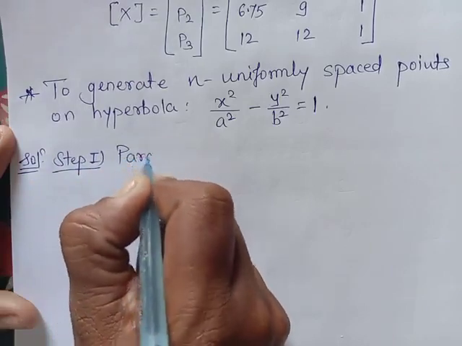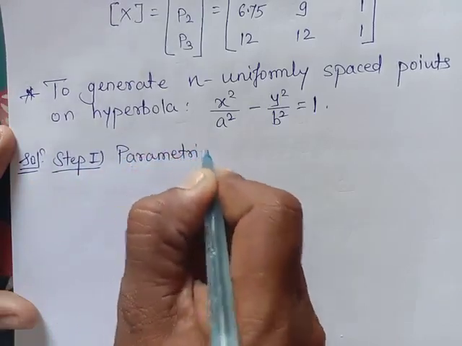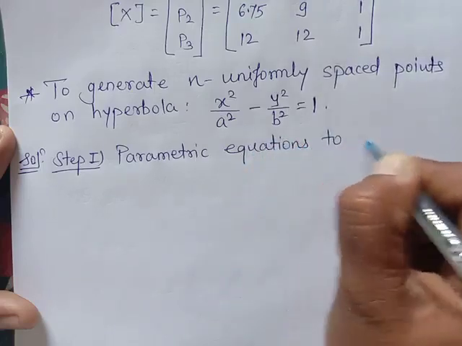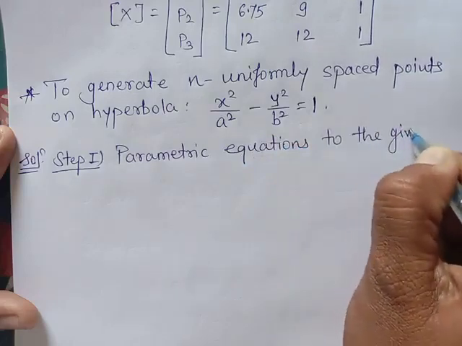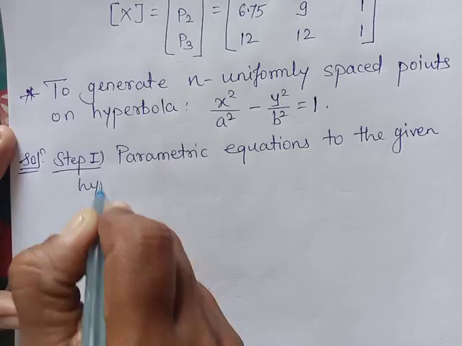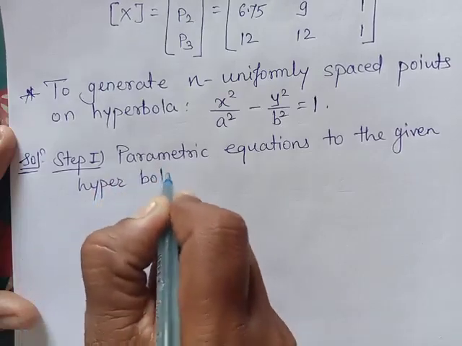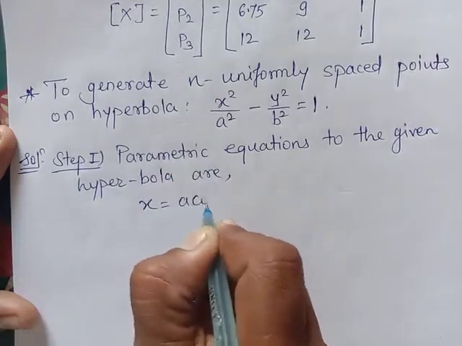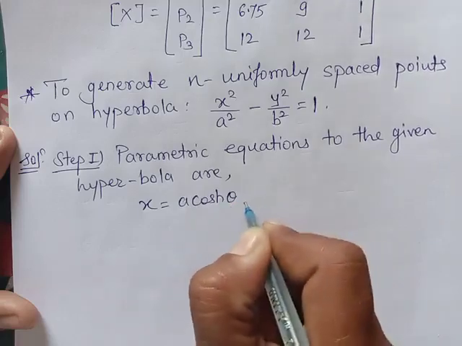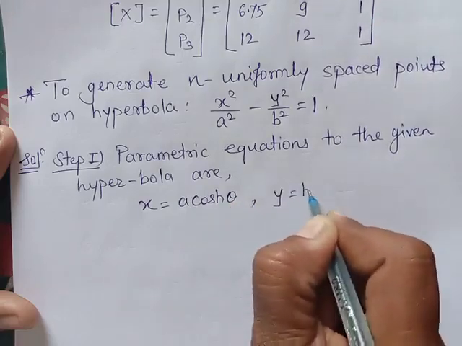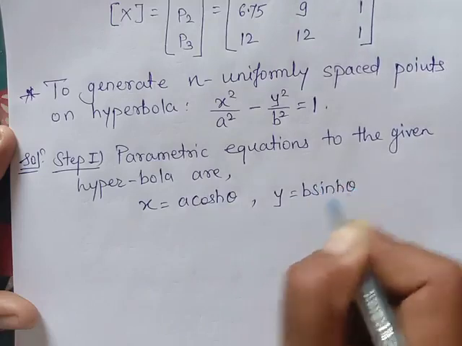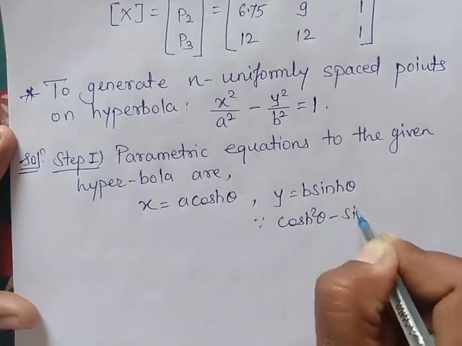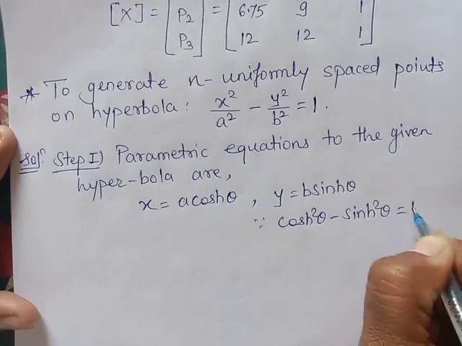The parametric equations of this hyperbola are x equal to a cos hyperbolic theta, y equal to b sin hyperbolic theta. As you know, cos hyperbolic square theta minus sin hyperbolic square theta is 1.